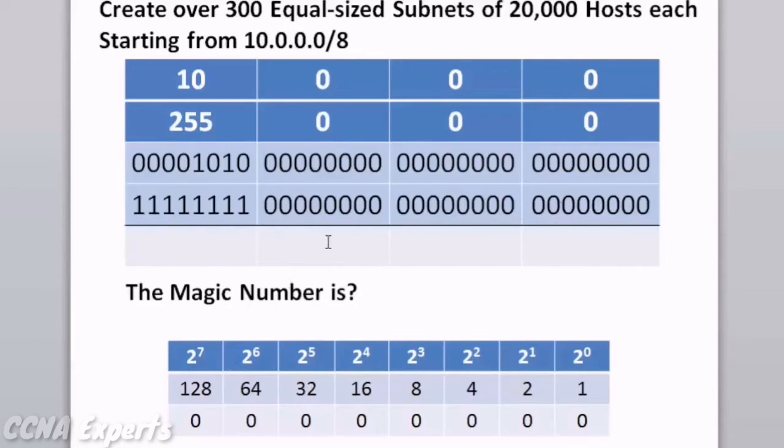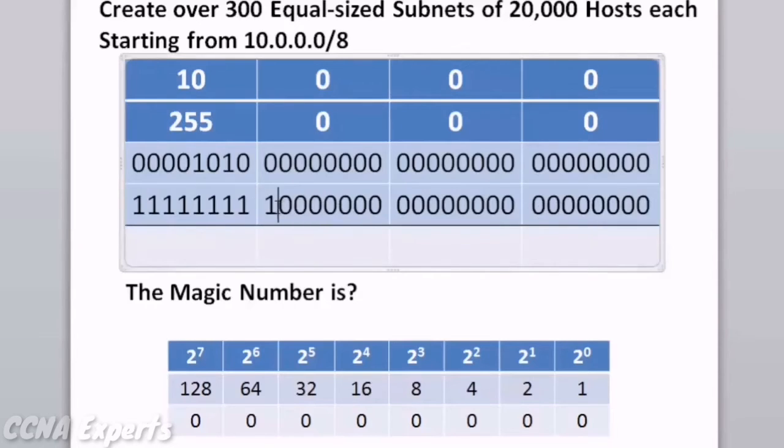The question is, how many bits will we borrow? If we borrow 1 bit, we have 2 subnets. Now we have 4 subnets, 8 subnets, 16, 32, 64, 128, 256, 512. If we borrow 9 bits, we'll have 512 subnets, and that will be sufficient to meet the demand for 300 equal-sized subnets.